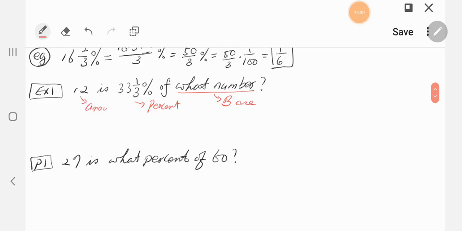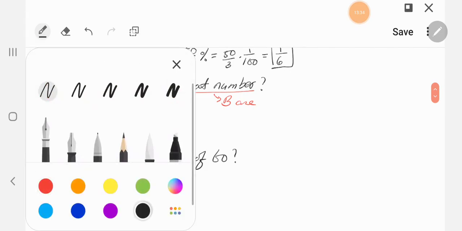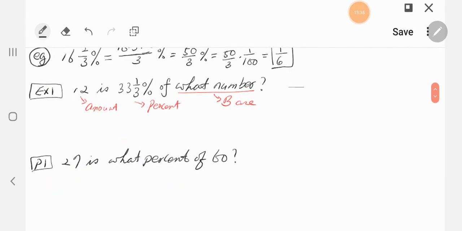So we can write an equation: 12 equals... Let's convert the percent, 33 and 1/3%, into a fraction.